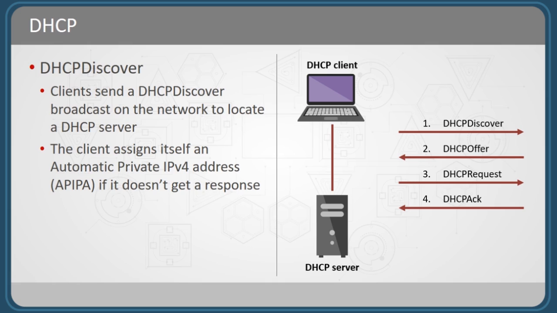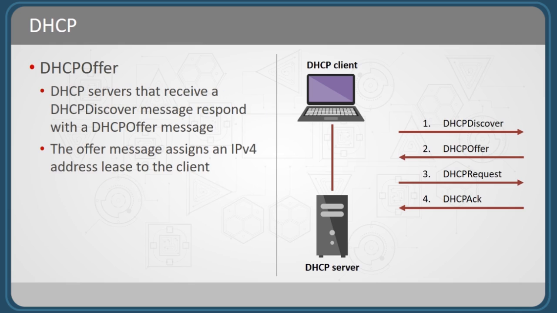Recall, APIPA assigns a 169.254.something.something address. So it's not particularly useful in terms of communicating, but it is useful in diagnostics. Once you see that address, you know that there is a problem communicating with the DHCP server. Then you can begin troubleshooting.